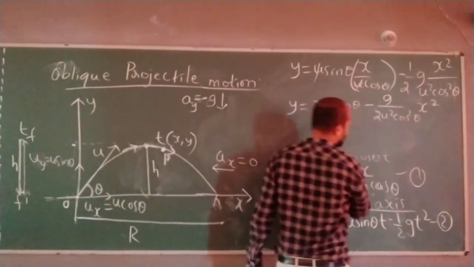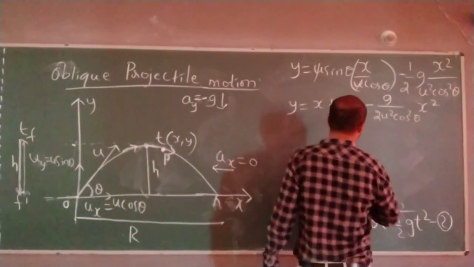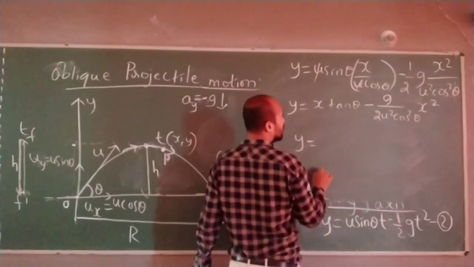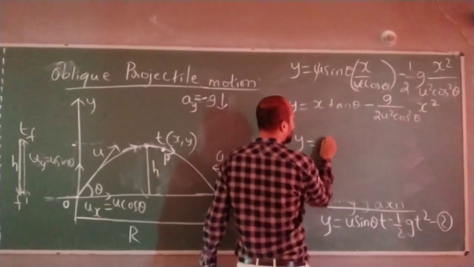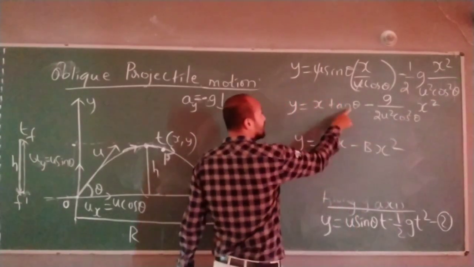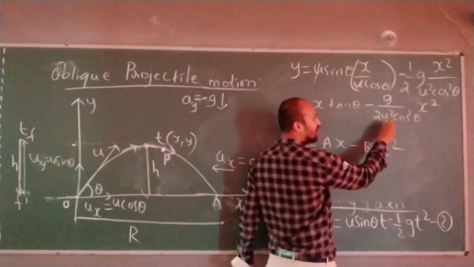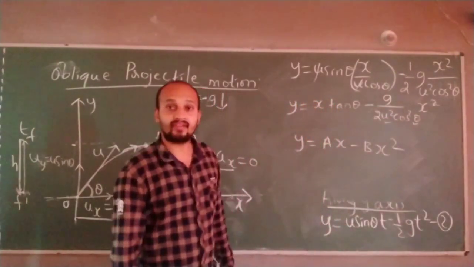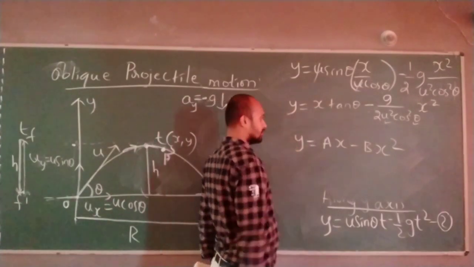If I am going to write this, y is equal to ax minus bx square. Why? Theta is constant, g is constant, u is constant. What are the only variables here? x and y are the variables.